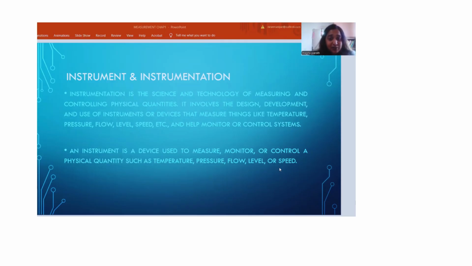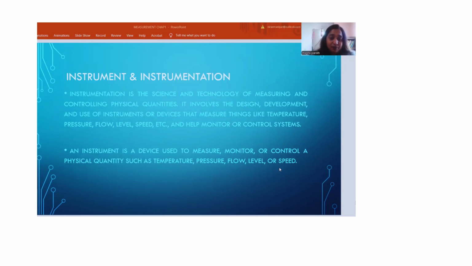Instrumentation is a science and technology of measuring and controlling physical quantities. It involves the design, development, and use of instruments or devices that measure things like temperature, pressure, flow, level, speed, etc., and help monitor or control systems.